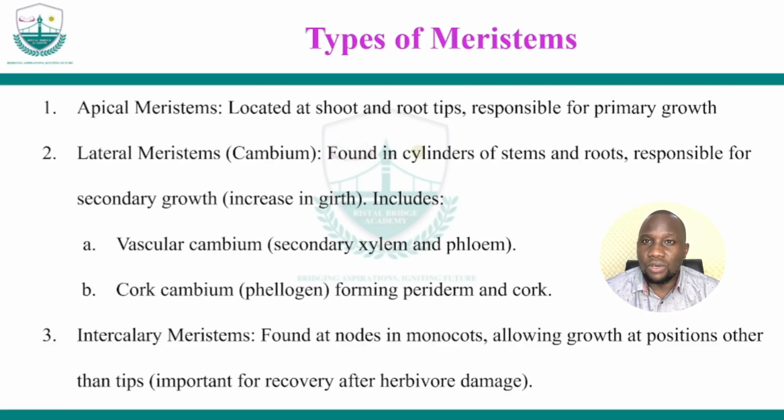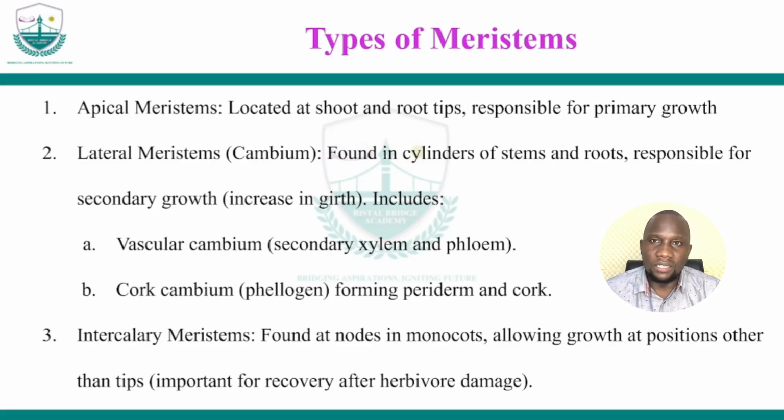For them, they are not found at the tips of the shoots and roots. What we are saying here is that we have three types of meristems. The apical meristem that we started with, where we have the meristemic cells at the tips of the shoot and also at the tips of the roots.